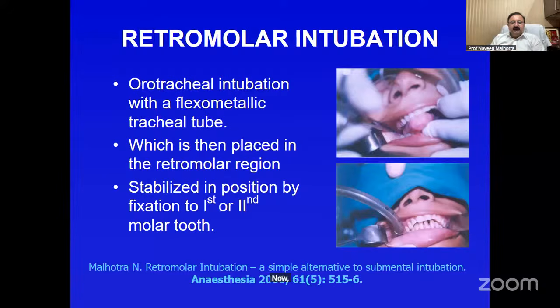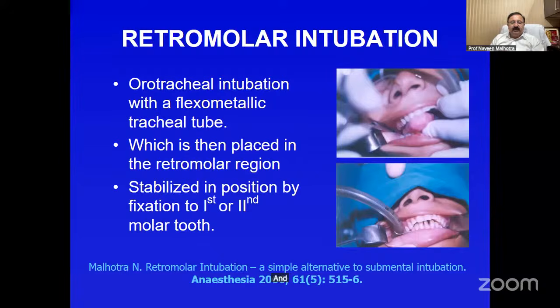Now, what is this retromolar intubation? Retromolar intubation and Bonfils retromolar scope guided intubation are totally different things. Here what we are doing is an orotracheal intubation with a flexometallic tube, which is then digitally repositioned in the retromolar region, that means the space behind the last erupted molar tooth.